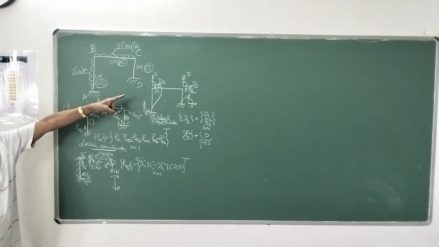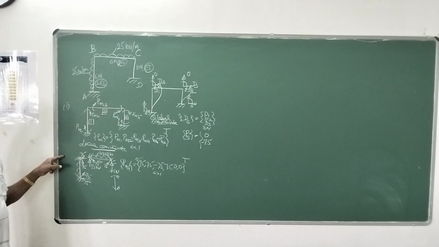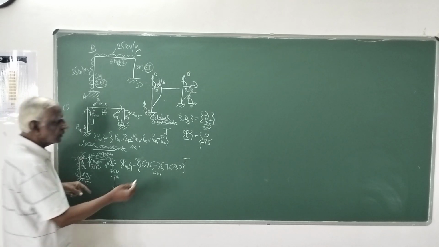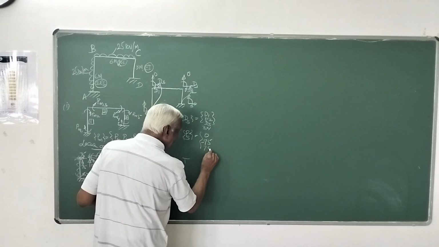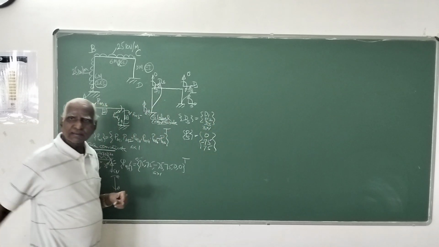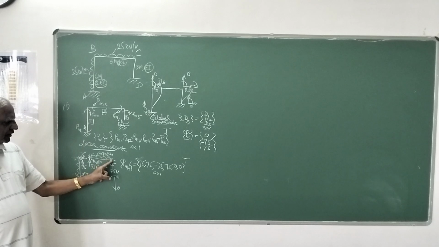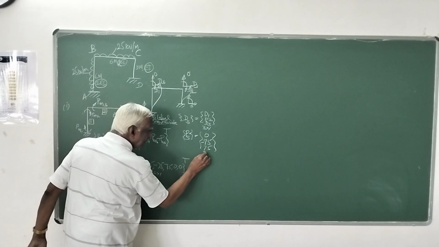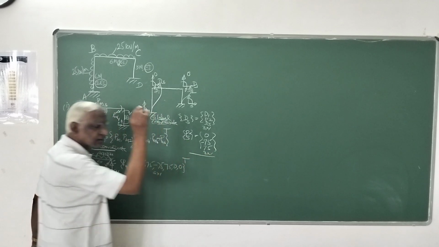It is acting opposite to that, minus 75. So that side we have to reverse it, so it has to be plus 75, because here we don't have any horizontal load. So this is that EMF matrix.